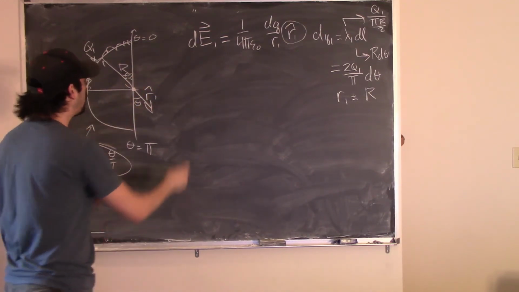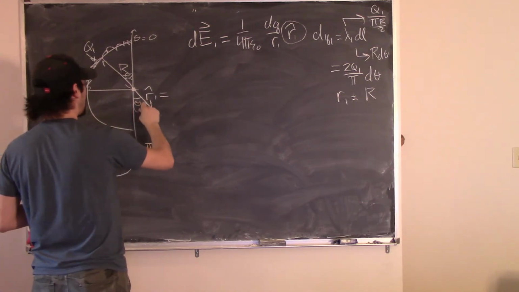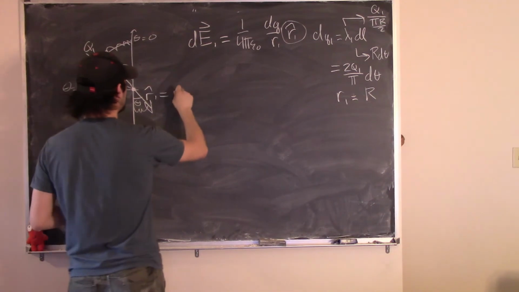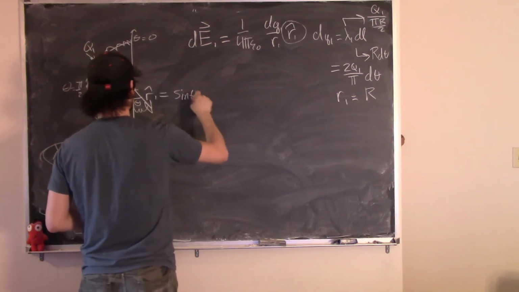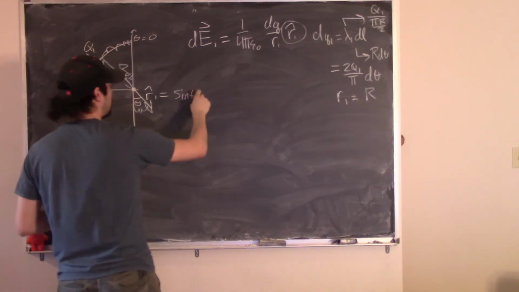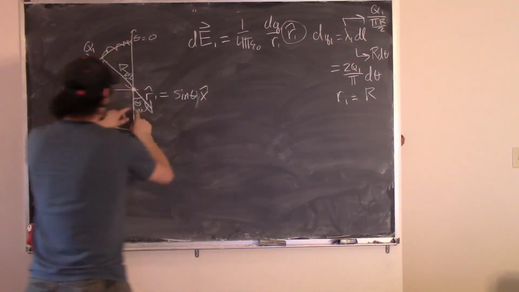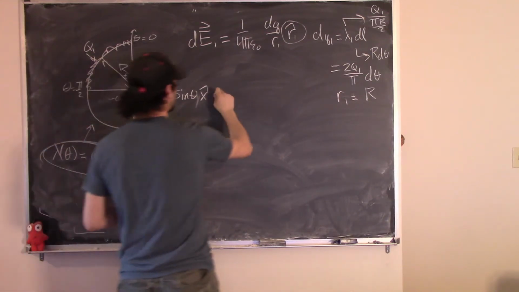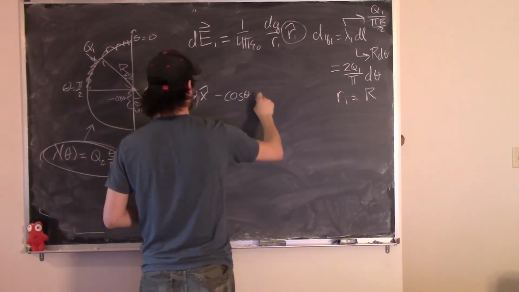R hat 1 is going to have some component in the x direction of sine of theta, so sine of theta x hat. And then it has a negative component, so this is going to be minus cosine of theta y hat.